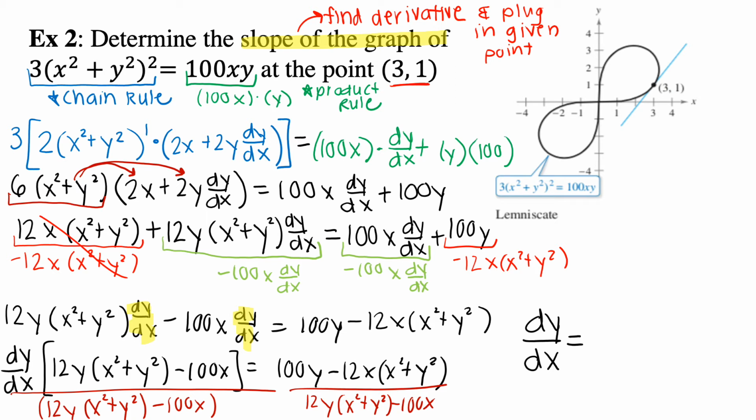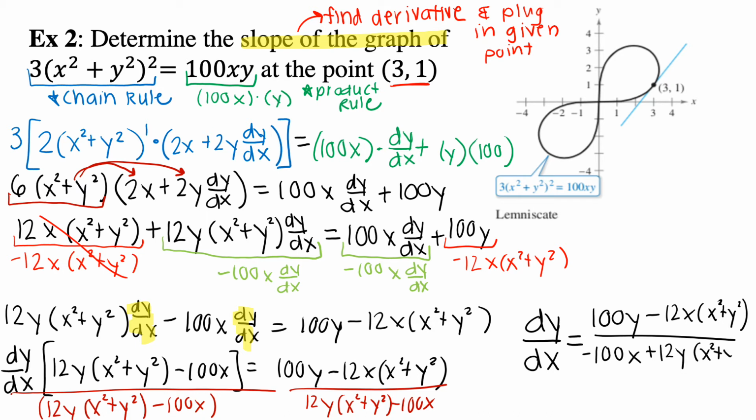So I'm going to leave my numerator the same, 100y minus 12x times x squared plus y squared, over, and then I'm going to flip this around and write my negative 100x first plus 12y times x squared plus y squared.